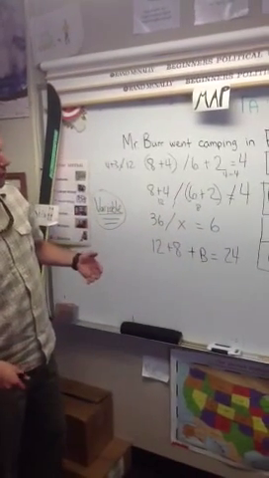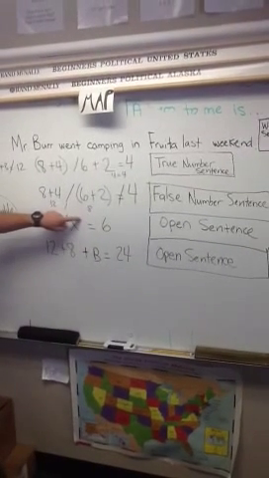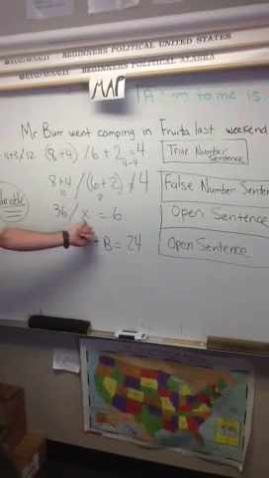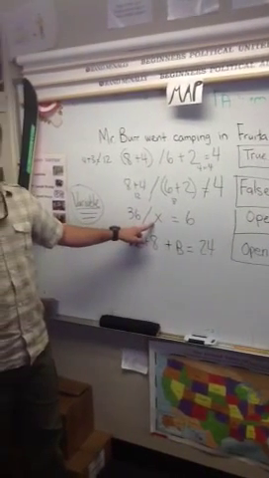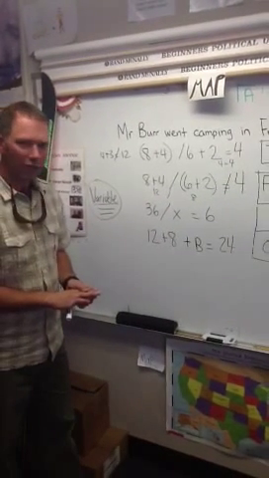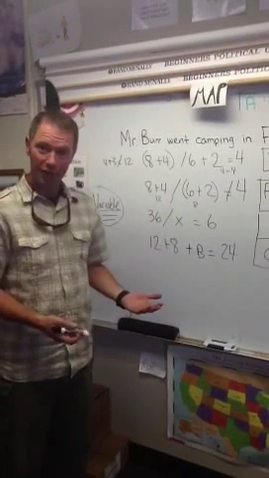The reason why this is called an open sentence is because we have this unknown value, this variable that we're trying to solve for. Again, we could use x, we could use b, we could use any type of letter. So really, we're kind of doing a little bit of algebra, fourth graders. This is pretty cool.